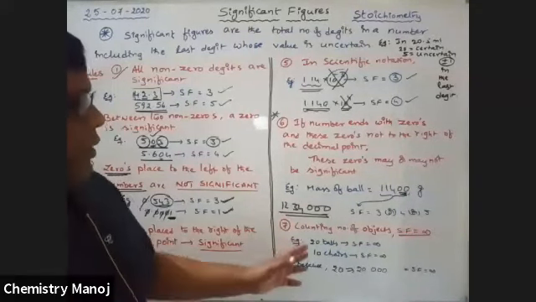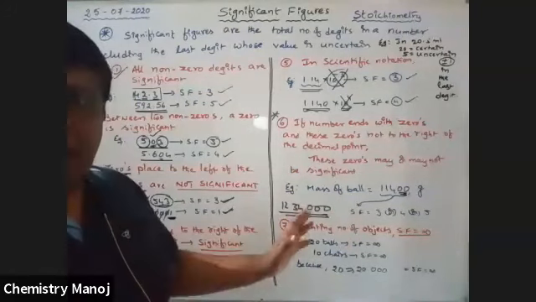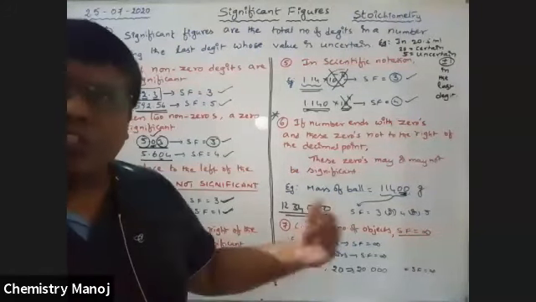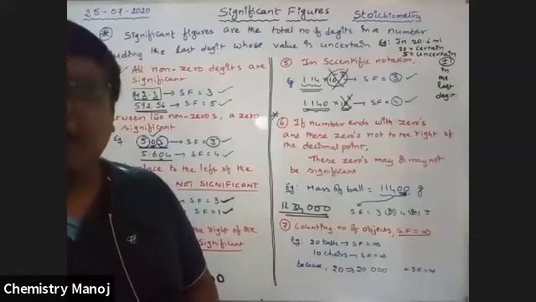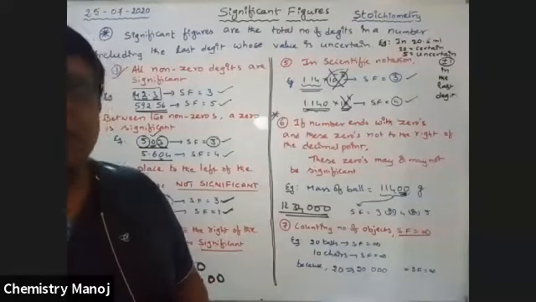So see here, there is no point, but the number ends with zeros. Those zeros may or may not be significant. Sometimes we consider them significant, sometimes we don't.